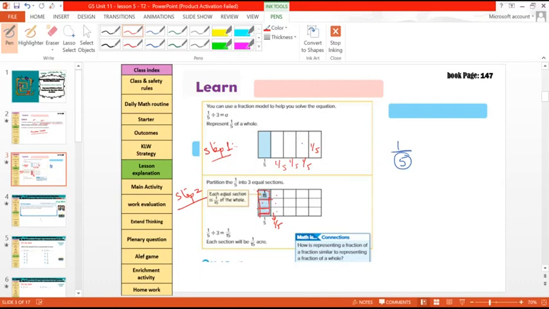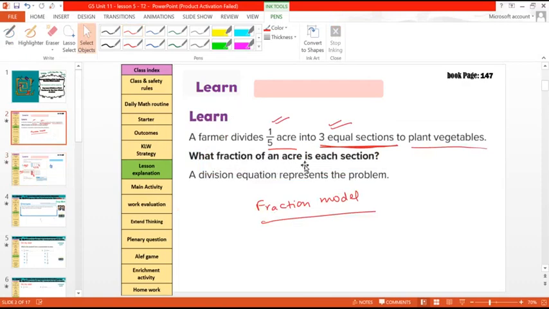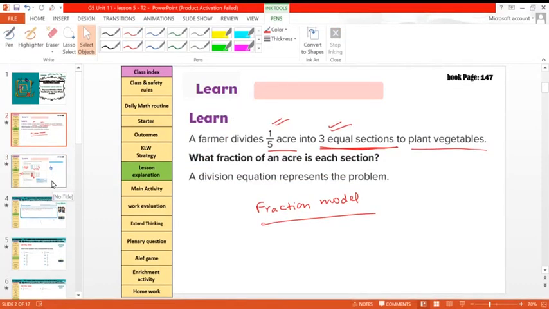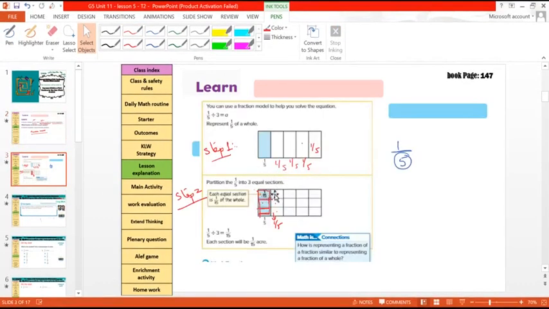Now the question is, what fraction of an acre is each section? How much is this small portion? If you take one small piece, the total will become how much? 15 parts are there.